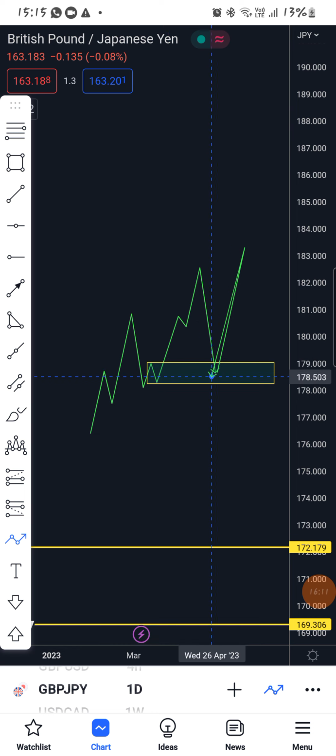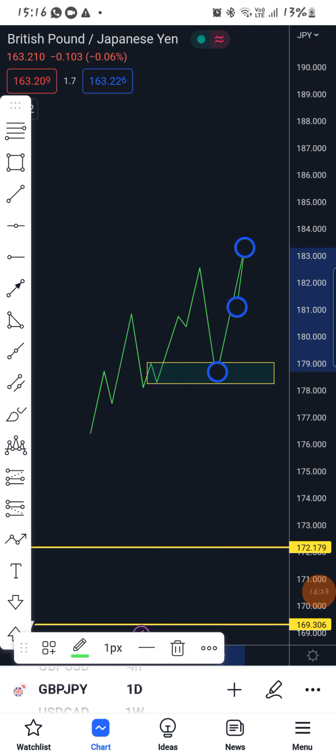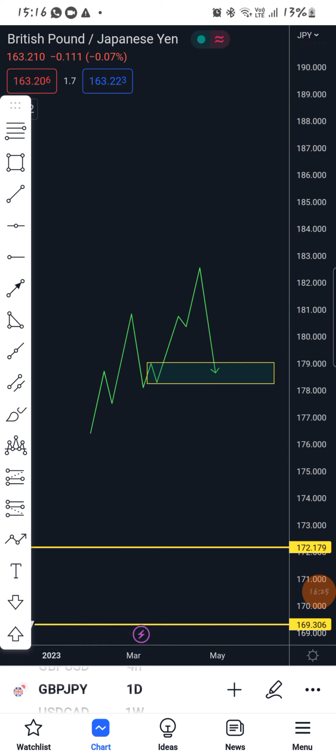So from this area, the market comes and tests this area sometimes. Let me try to indicate it like this. The market moves like this. It comes to this area, but sometimes the market doesn't really pull back, just flying away from the area. It creates something like this.